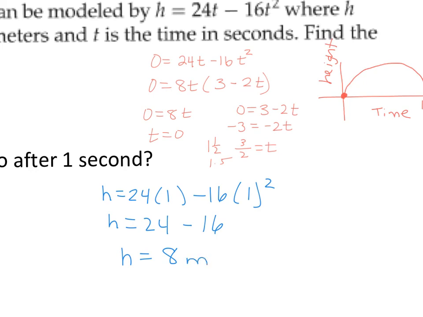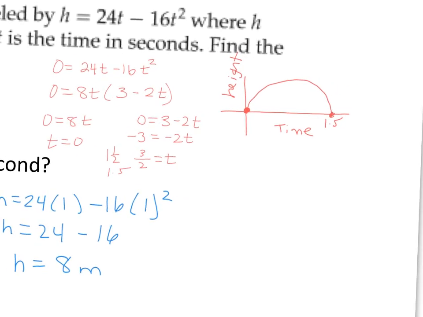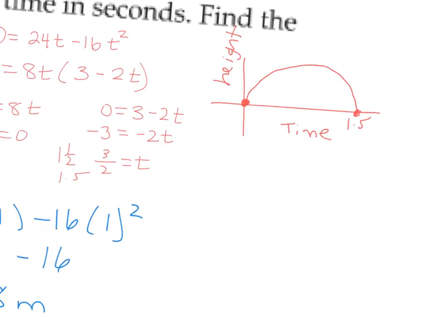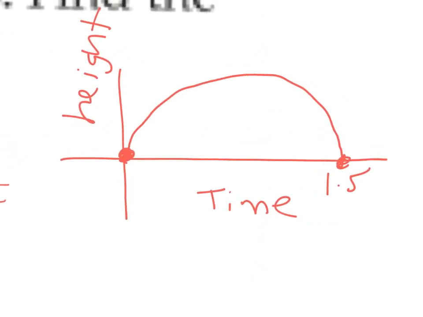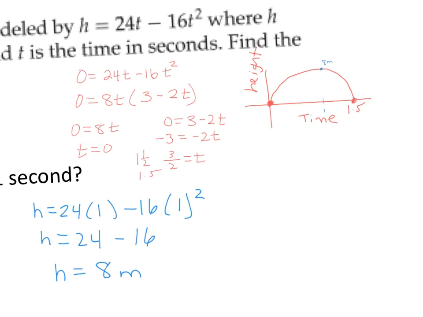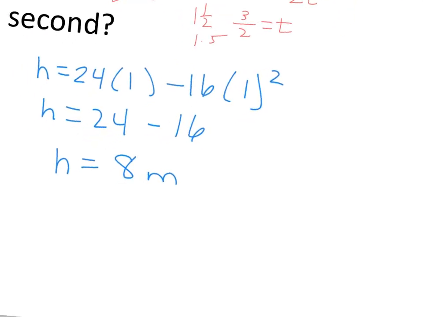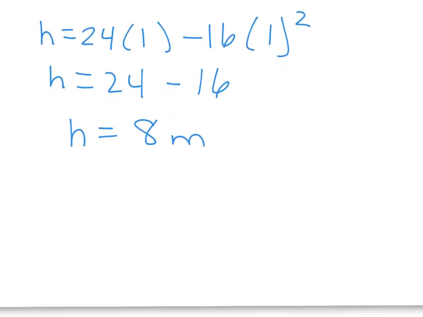Okay, so now let's go over to our graph here and kind of take a look at what we're talking about. So I plugged in 1 second, okay? So that means right around, wherever here, estimate 1 second, my height was 8 meters tall. Okay, that's what that is saying. Now we are going to write sentences, and we're kind of going back into that world of word problems, okay?